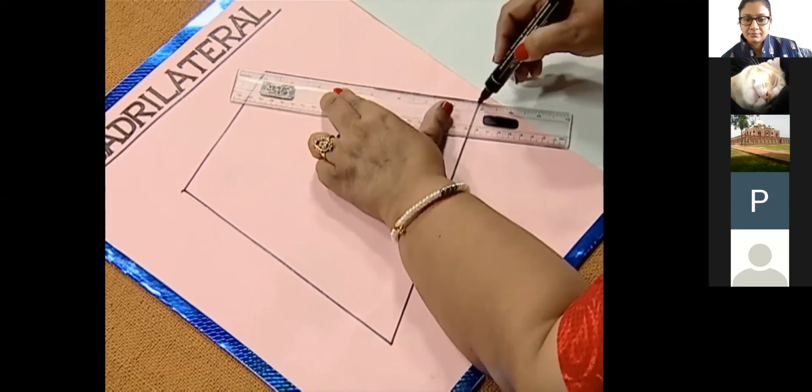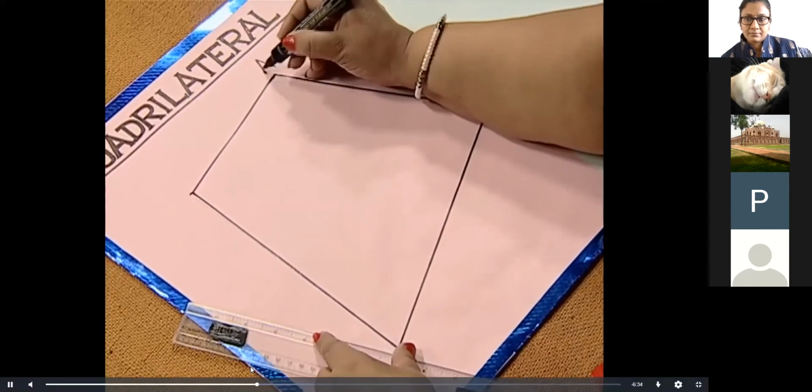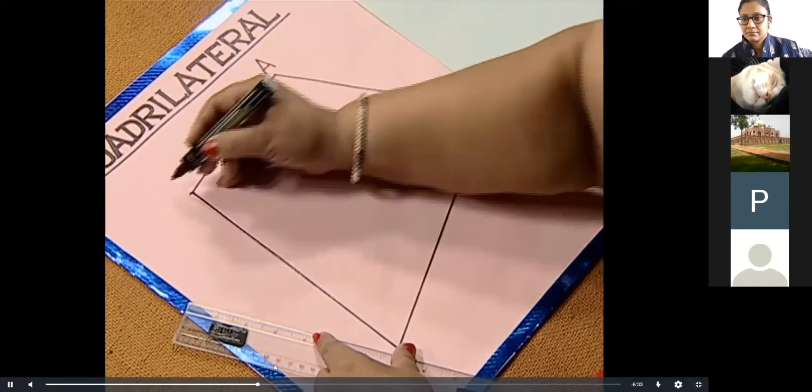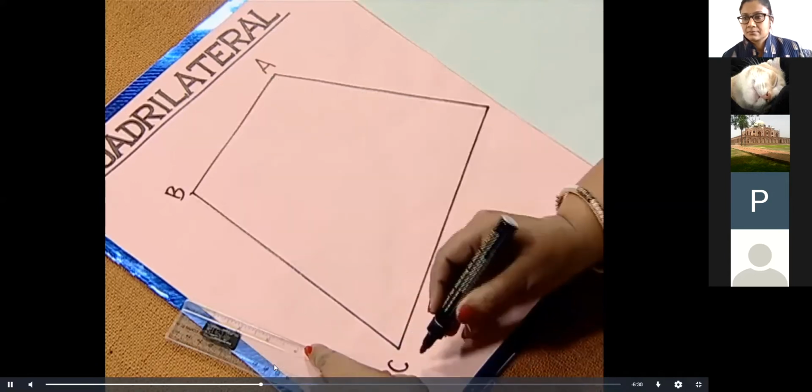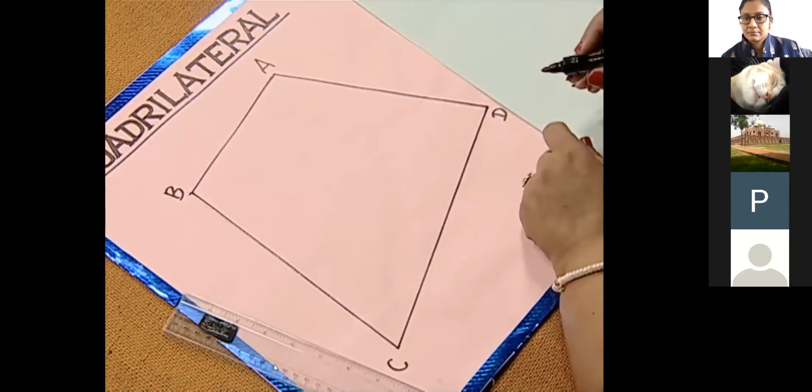Here we can see that a quadrilateral has 4 sides, namely AB, BC, CD, and DA. With the help of our assumption, we can divide this quadrilateral into two mutually exclusive triangles.